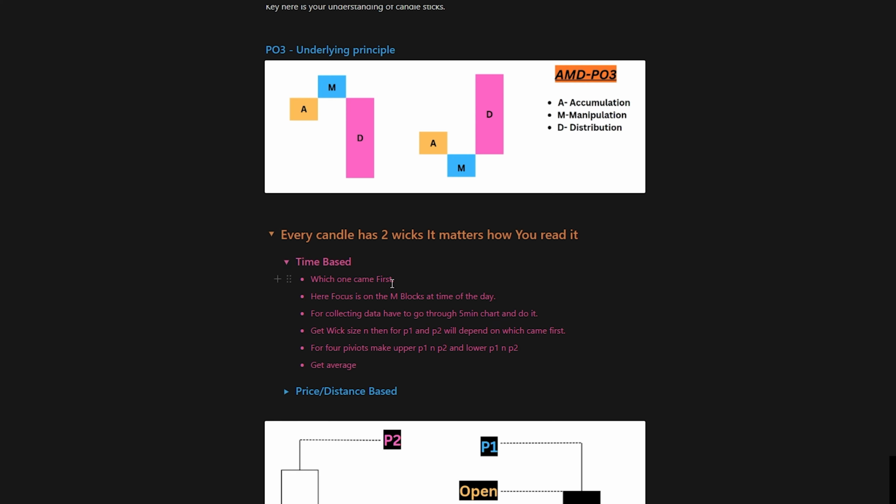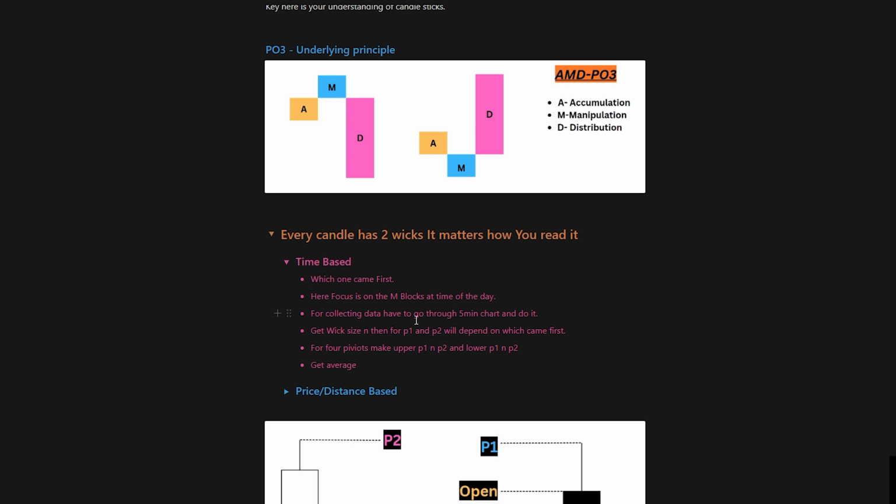Both wicks can't be formed at the same time. There has to be one wick which is formed first, then comes the second wick. So which one is getting formed first?